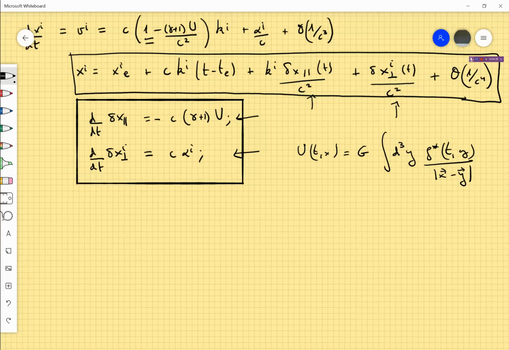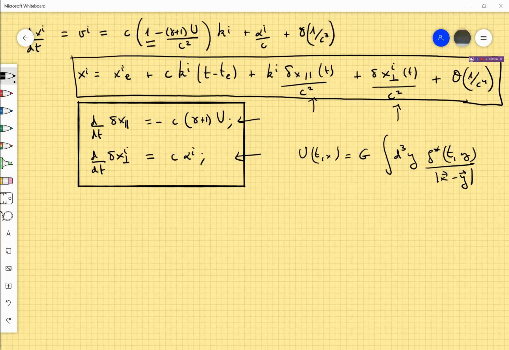You get a differential equation, and the way to solve it is to try to rewrite u as a time derivative. In order to do this we use another trick that I haven't invented; you can find it in Poisson and Will.